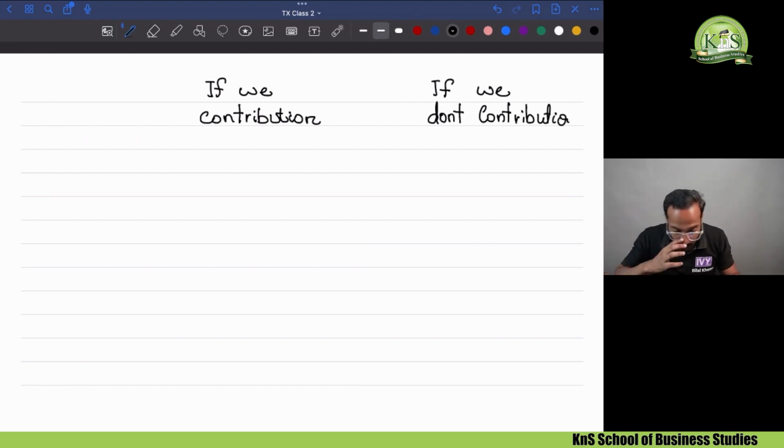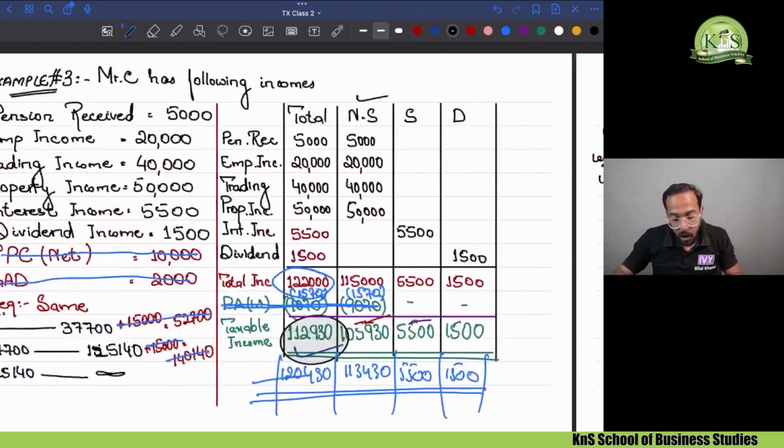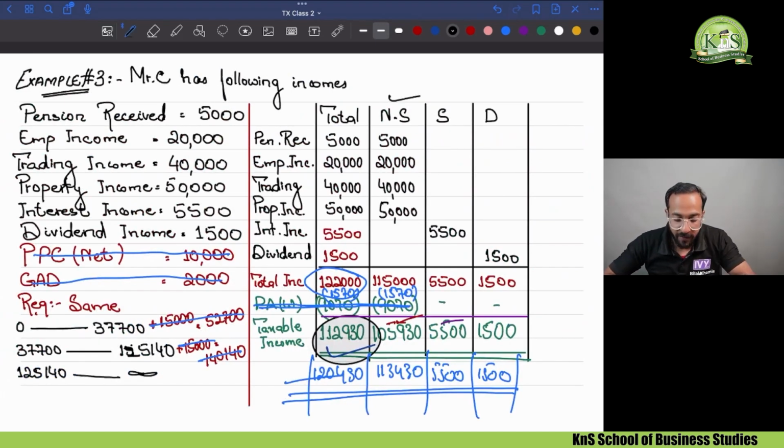First, income. Check how much inflow you are having. 5,000 as your pension, 20,000 as your employment, 40,000 as your trading, 5,500 as your interest, 1,500 as your dividend.